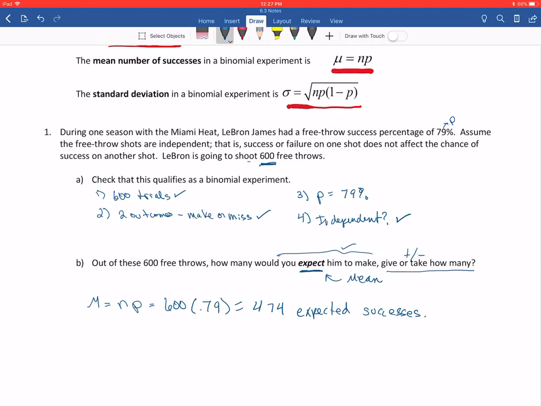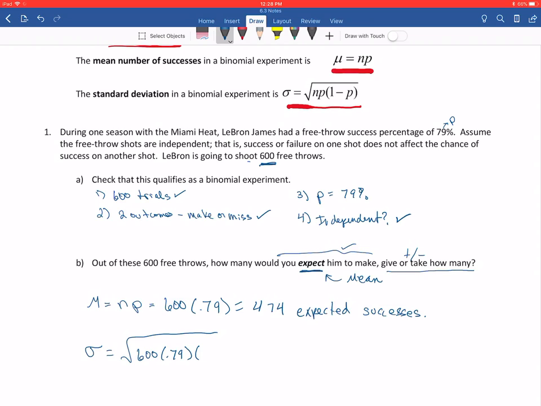The second part is give or take how many. That plus minus amount is always the standard deviation. So now we need to use the second formula. So what's this plus minus amount? Well, it's the square root of what we just calculated, N times P. So that part of it's the same. I'm going to write it all back out, but we already know what that is.